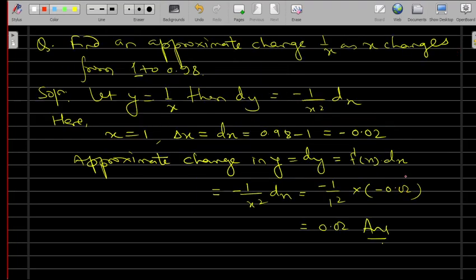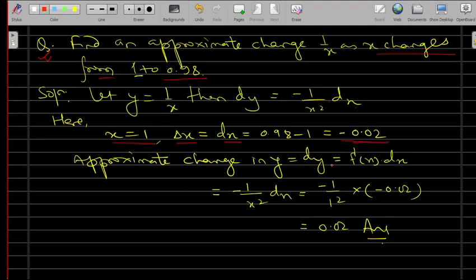That is the answer. Now the next question: find an approximate change in 1/x as x changes from 1 to 0.98, that is decreasing. y is 1/x, then dy is minus 1/x² dx, no doubt we can find. When x equals 1, delta x is dx, that is second minus first, we have to subtract, minus 0.02 we obtain.